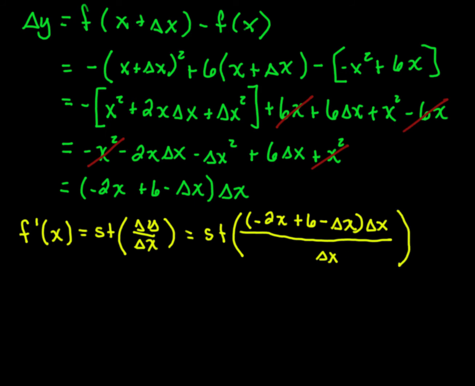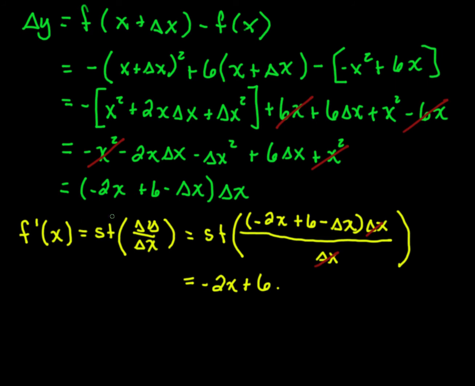And as I foreshadowed, the delta x's cancel. And so now I'm taking just the standard part of negative 2x, which since x is real is negative 2x, the standard part of 6, which is 6, and then the standard part of an infinitesimal, which is 0. So this is equal to negative 2x plus 6. Great. That's the derivative.